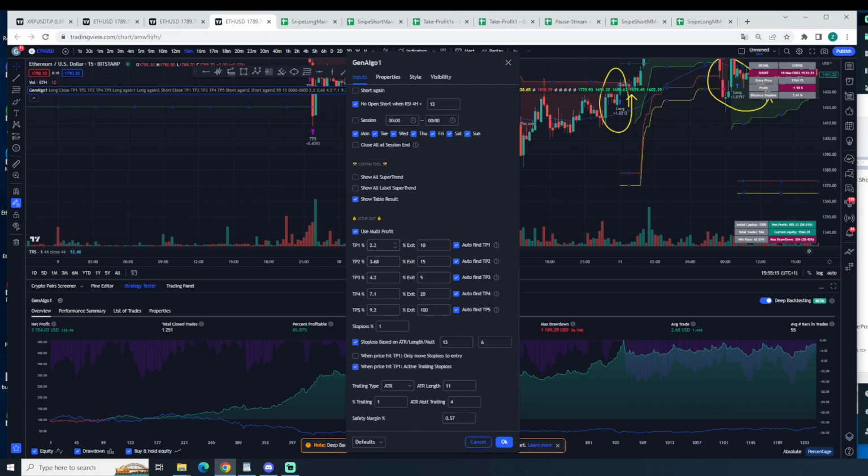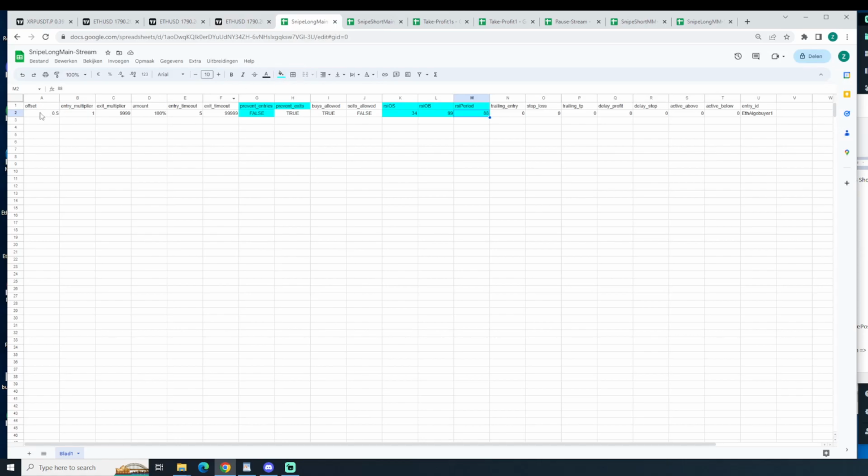Based on the algorithm, our first take profit is set 2.2% away from our entry with a 10% take profit level. I want to merge these take profit ones into the same tables. I don't want two separate tables for only one take profit. I don't think that makes sense.